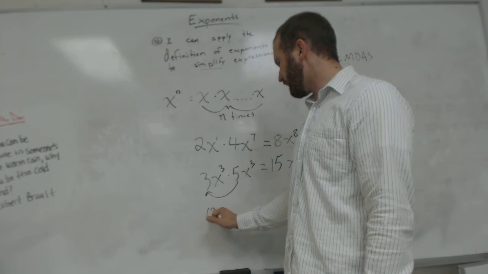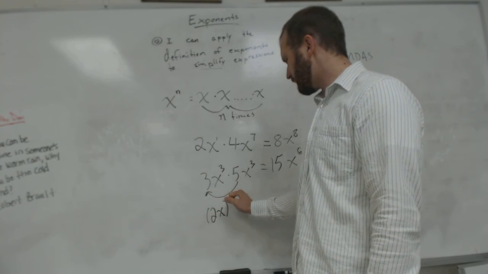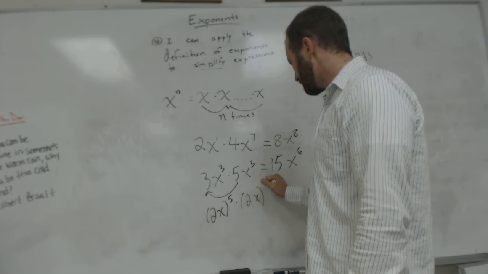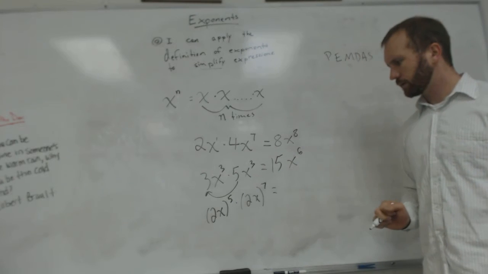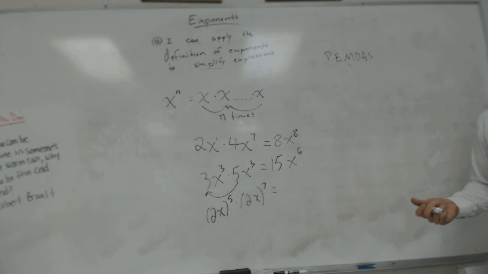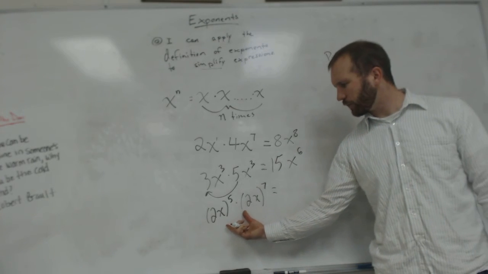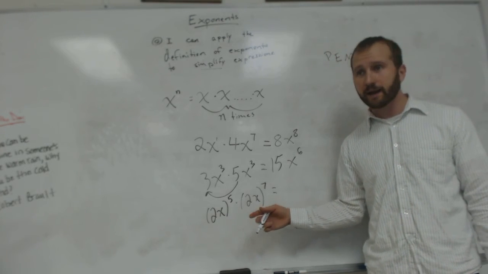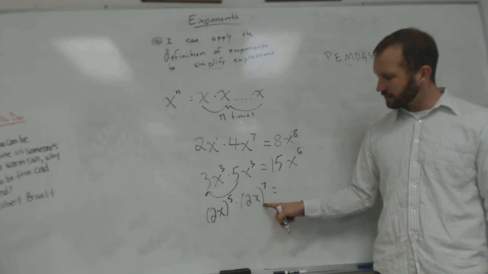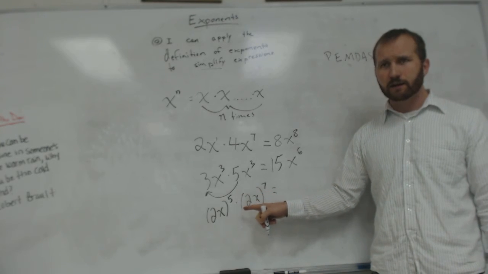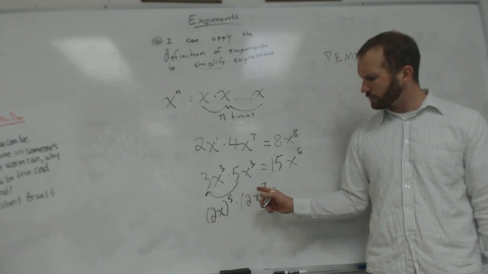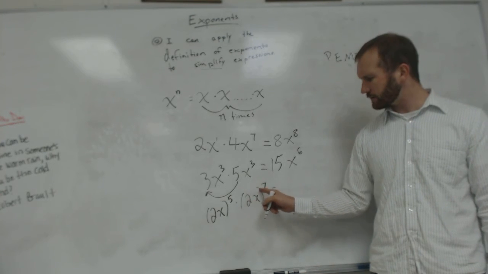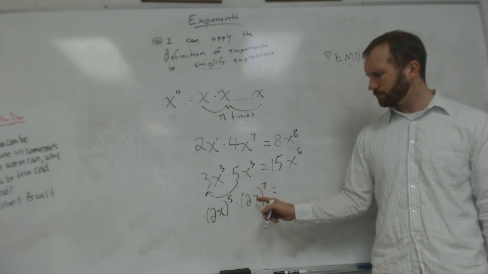But what if I have this? 2x to the fifth times 2x to the seventh. Now, can I separate the 2 and the 2, those coefficients? No, I can't, because look, they're inside of these parentheses. So I can't pull them out because there's an exponent affecting everything inside these parentheses.